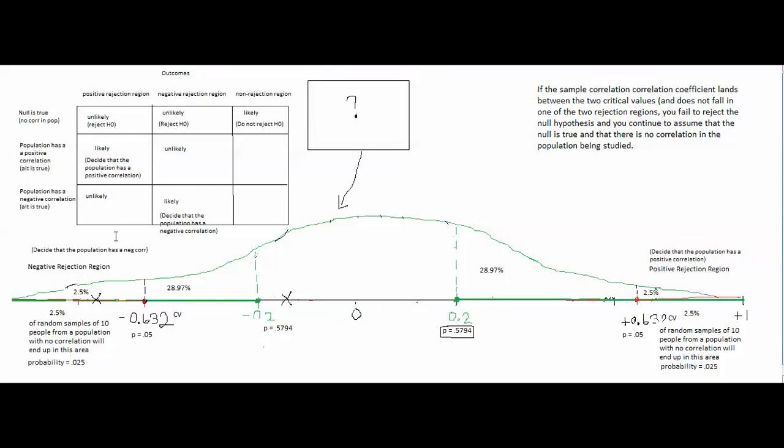What would happen if we took a sample somewhere in the rejection region and found its p-value? Let's see what would happen in that case. Maybe we'll choose 0.8 right here and negative 0.8 out here.